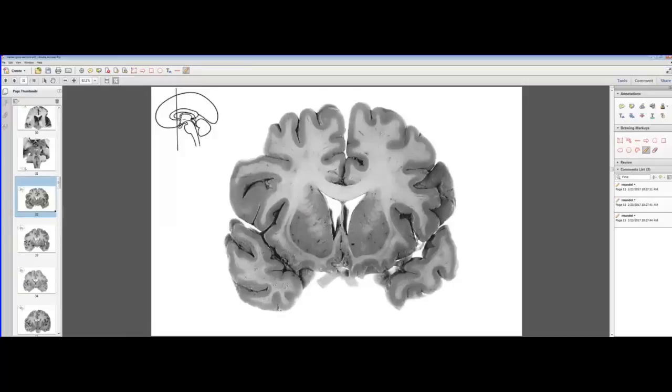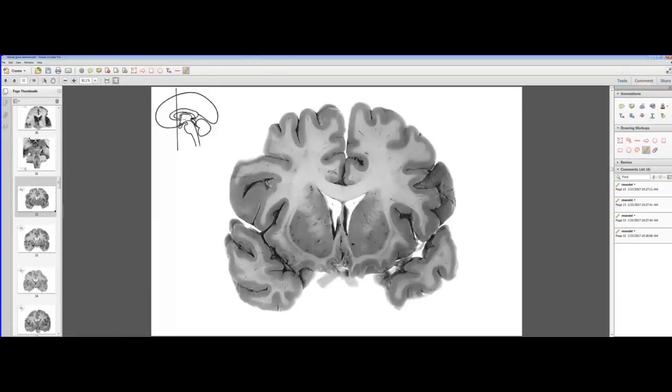So you can start to see how I teach this. Here's the lateral ventricle, here and here, and if you look up here, this is basically the transition between the body and the anterior horn. This is the most anterior section I have today.